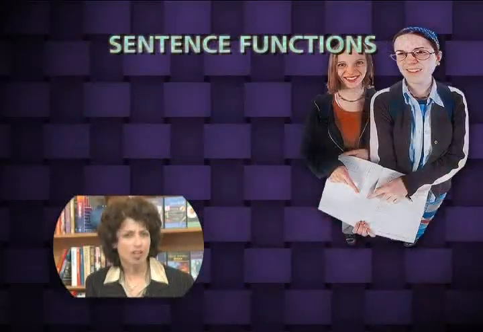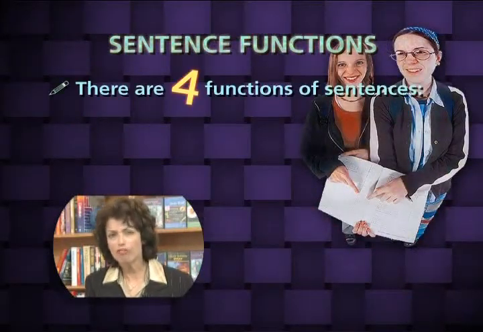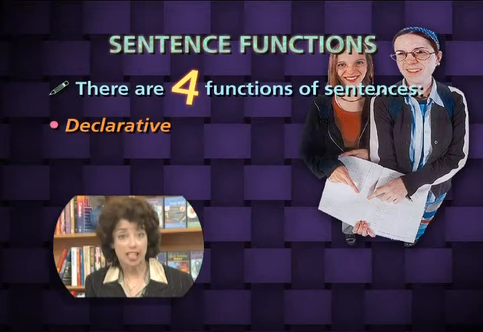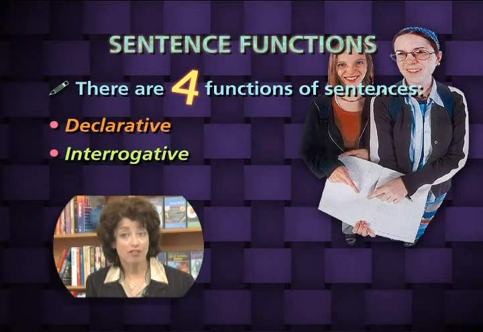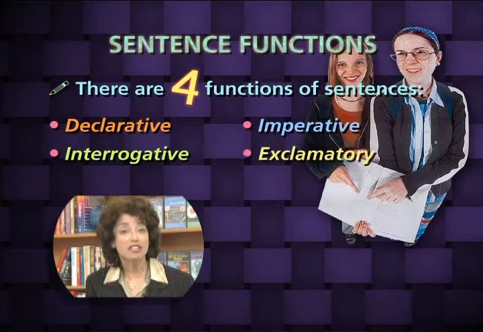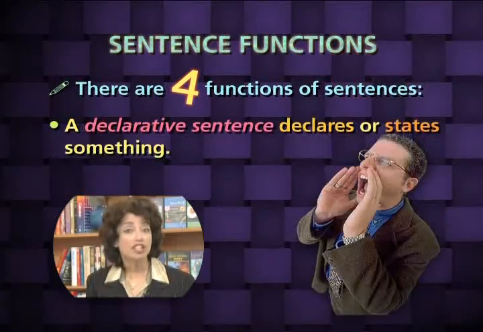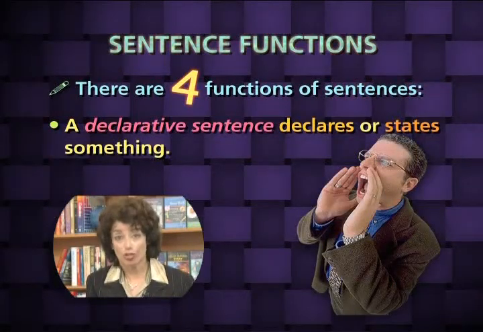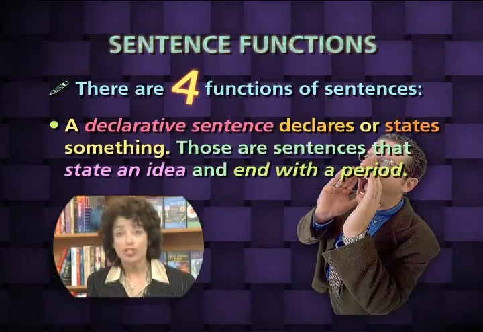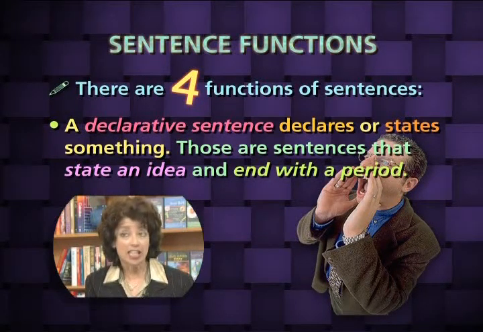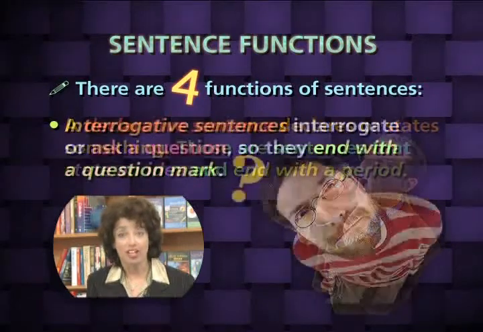Now, sentence functions. There are 4 functions of sentences: declarative, interrogative, imperative, and exclamatory. A declarative sentence declares or states something. Those are sentences that state an idea and end with a period.